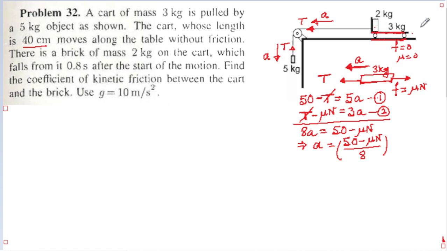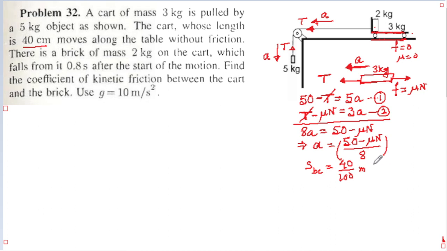So if we observe from the reference frame of the cart, or from the cart surface, and the object is the 2 kg block, the motion of the 2 kg block on the reference frame of the cart, then the displacement covered, here we can write S, the displacement of the brick on the reference frame of the cart, equal to 40 divided by 100 meter.